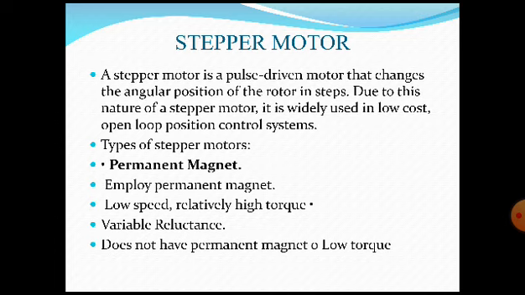According to how many pulses come, there is a movement of the rotor, which is responsible for giving further linear motion to the work table. A stepper motor is a pulse driven motor that changes the angular position of the rotor in steps, for accurate positioning. That is very important here.